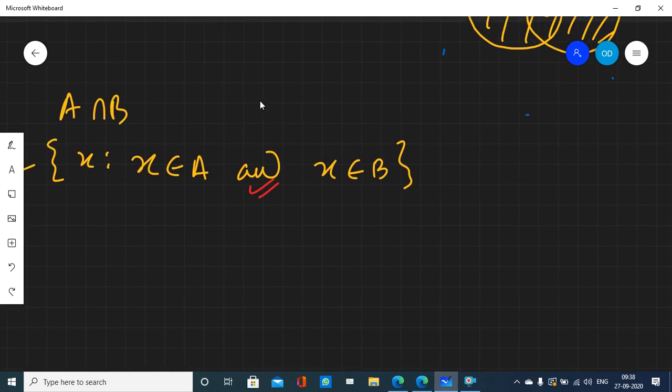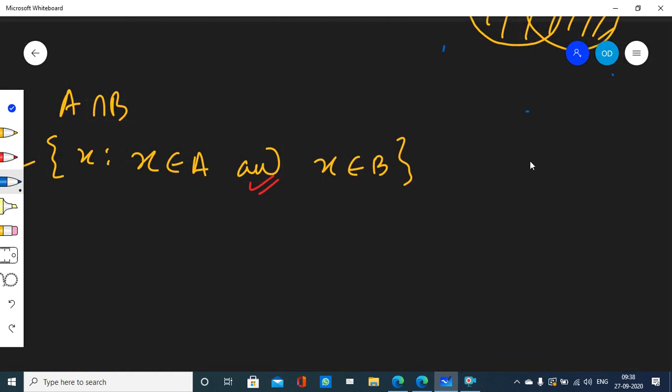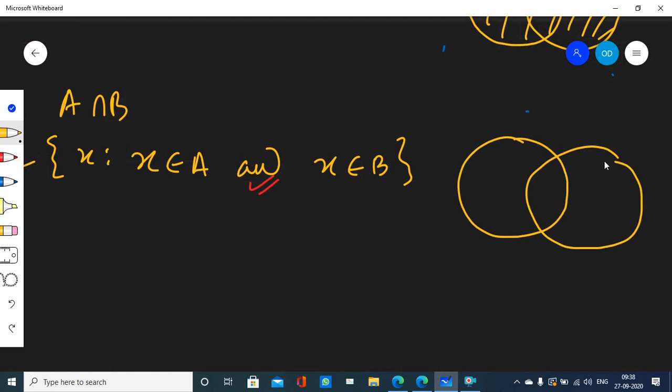Here, why are we using the word and? I have already explained to you. You see for yourself. A intersection B is this region, right? Okay. Let's pick an element from this region. Let's pick this element, right? Think about it. This red element, why is it here? Because it belongs to A and B both, right?